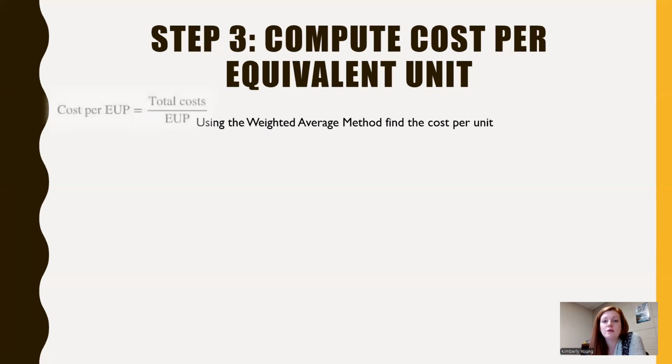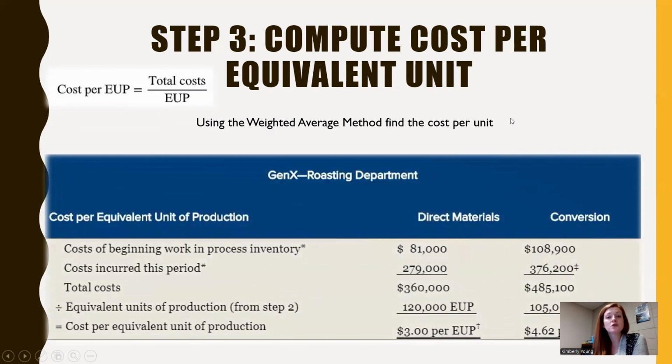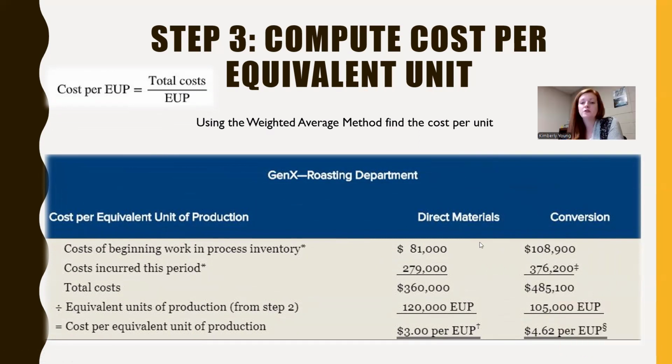So step 3, compute the cost per equivalent unit. In order to do that, we take the total cost divided by the equivalent units of production. We're taking those costs off the other spreadsheet that I showed you. We said that in beginning work in process inventory, we had 81,000 in direct materials for those 30,000 units. Then we added another 279,000 for direct materials.